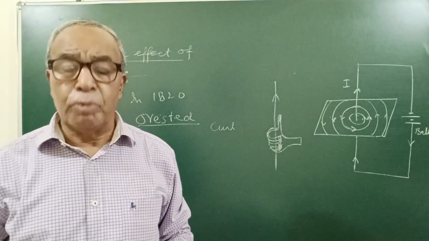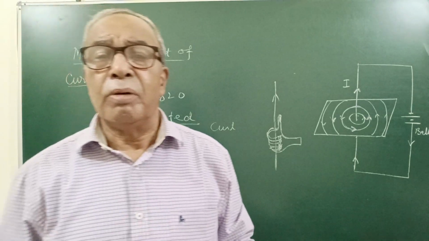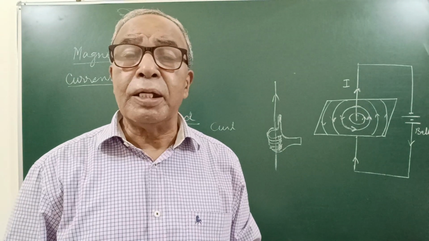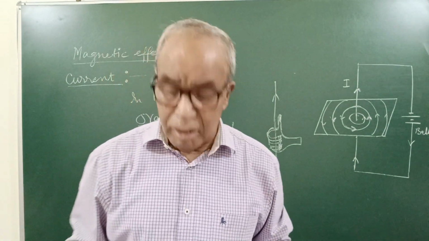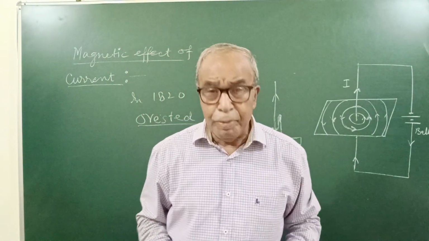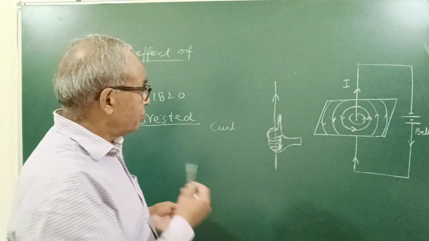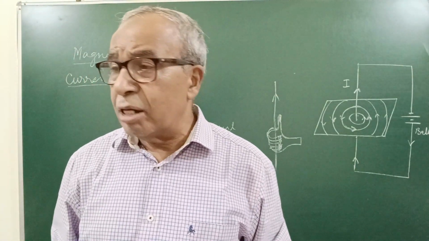A lot of things are there which are used to produce magnetic field. We will learn them. The chapter is a little lengthy and requires basic knowledge of some mathematics and mechanics also.